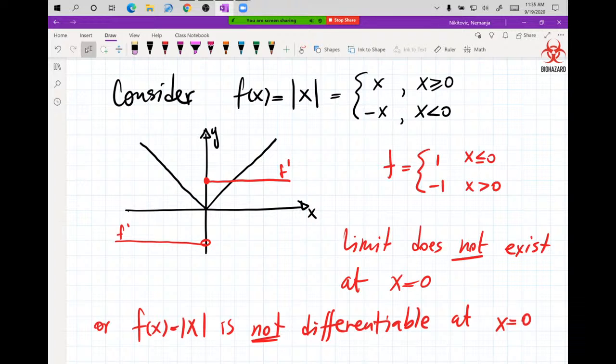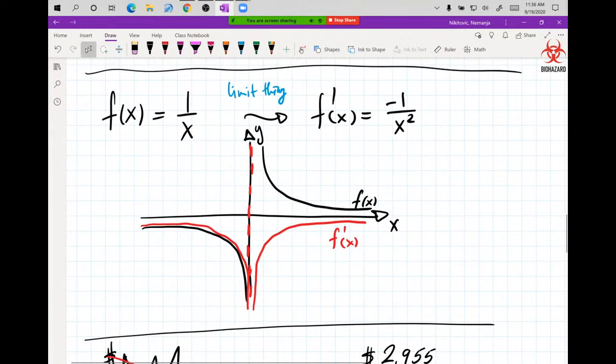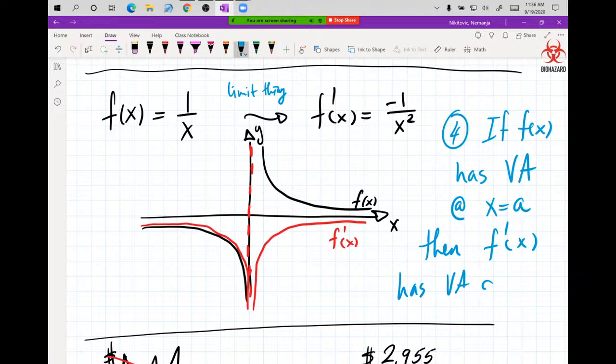And because of that, we can now go back to this example and fill in, now that we understand what it means that it's not differentiable. We will say rule number 4, this one can be, I guess, blue. Rule number 4 says that if f of x has a VA at x equals a, then f prime of x has a VA at the same point.